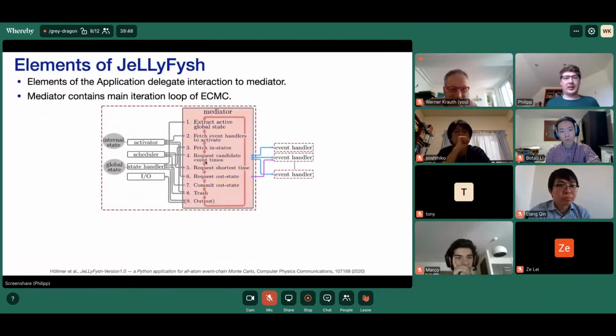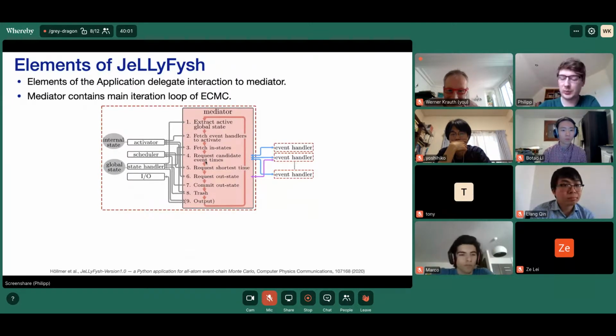The event handlers are a very central element of our JeLLyFysh application. However, they are not the only element. On this slide, I want to show you all of the elements of our JeLLyFysh application. What we chose as the basic design pattern is the so-called mediator design pattern.